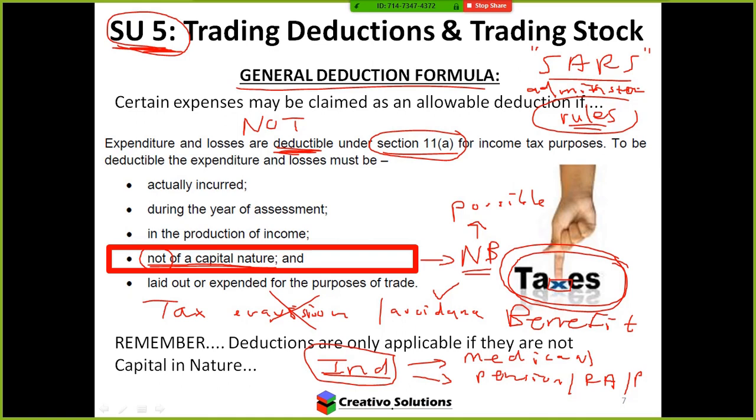If you didn't contribute to a pension, a retirement annuity, or a provident fund, you're going to end up paying more taxes. Not everybody has a medical, not everybody has a pension. But some people do, and the reason they do that is not only to plan for the future, but also to lessen the burden of tax, to reduce your taxable income, basically.